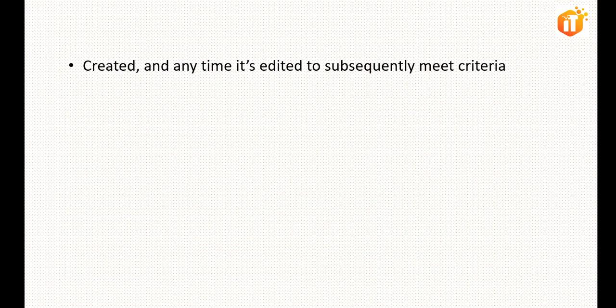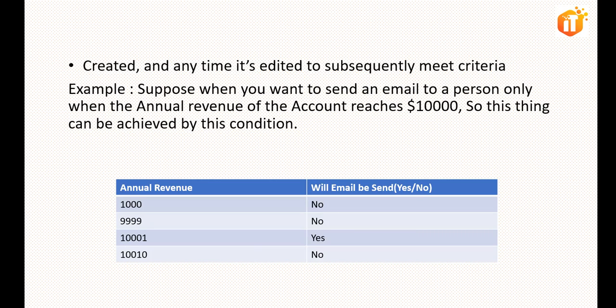Created and every time it's edited to subsequently meet criteria. I'll give you an example. Suppose you want to send an email to a particular person when the revenue of an account reaches 10k. You have created an account with the initial value of $1000. Will the email be sent?